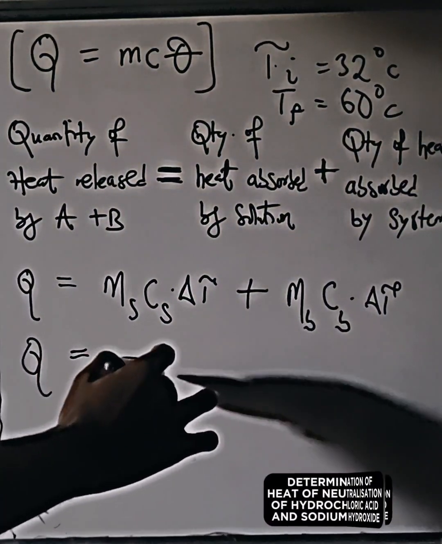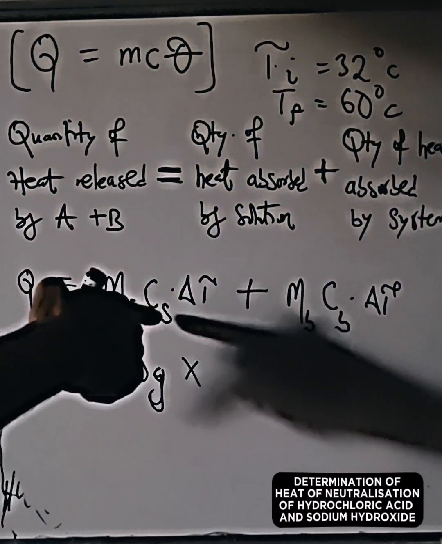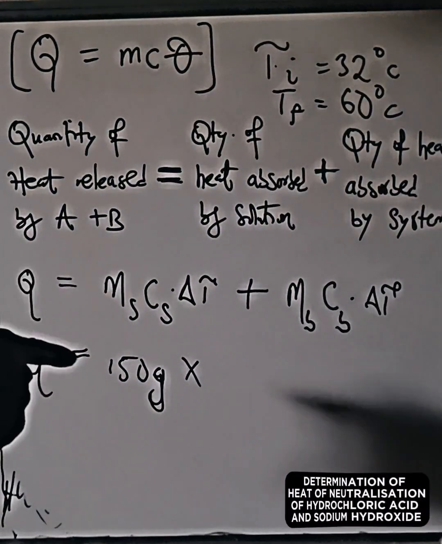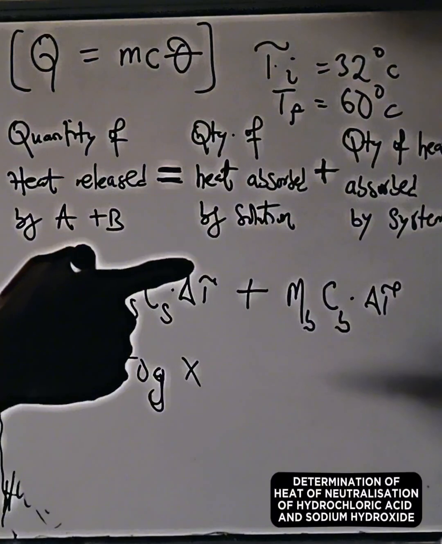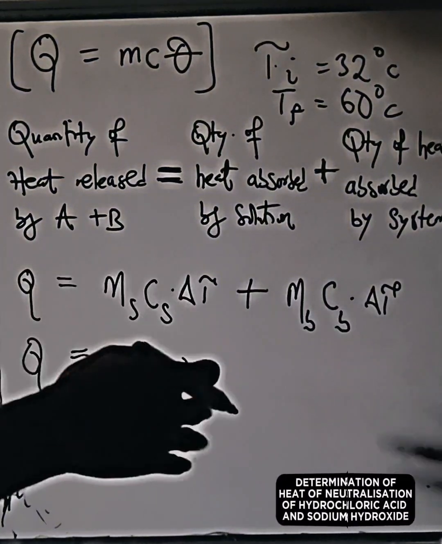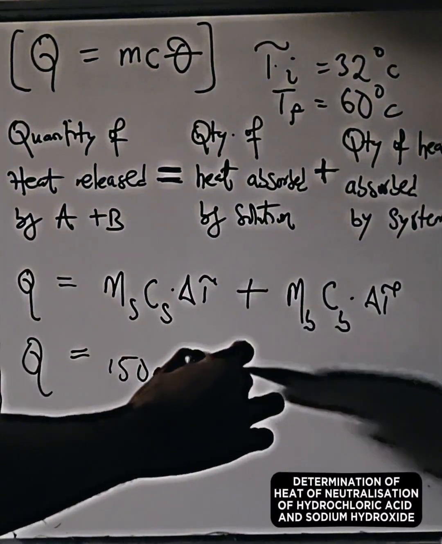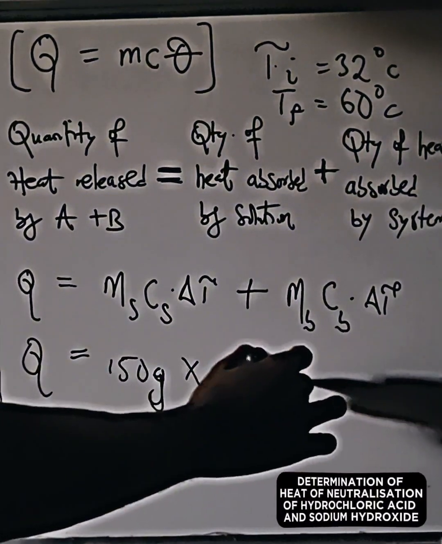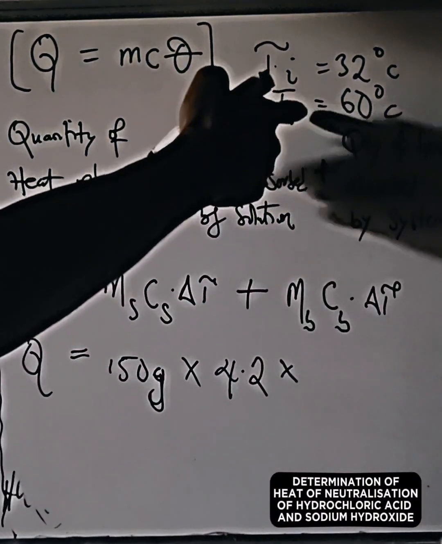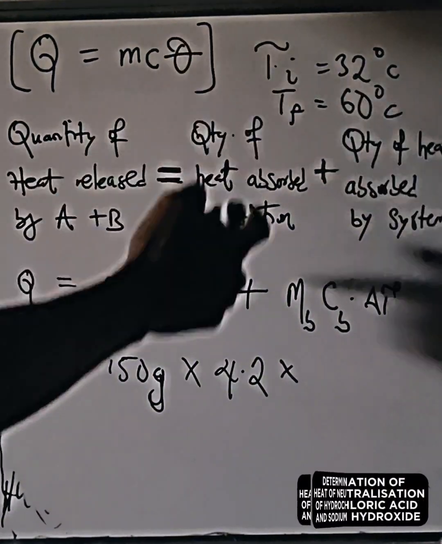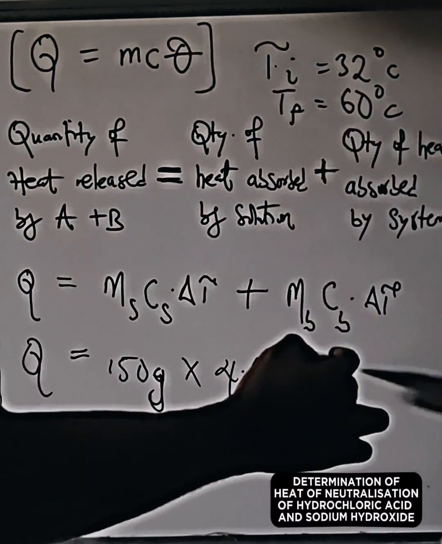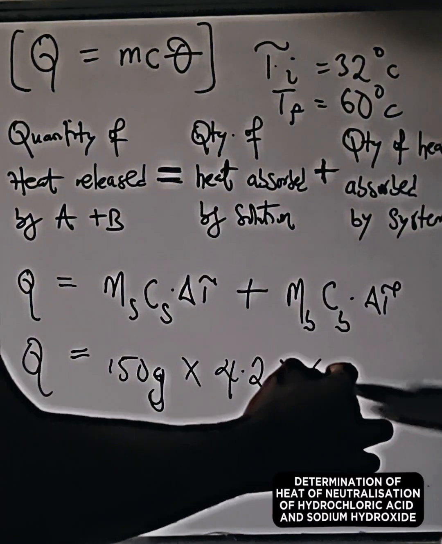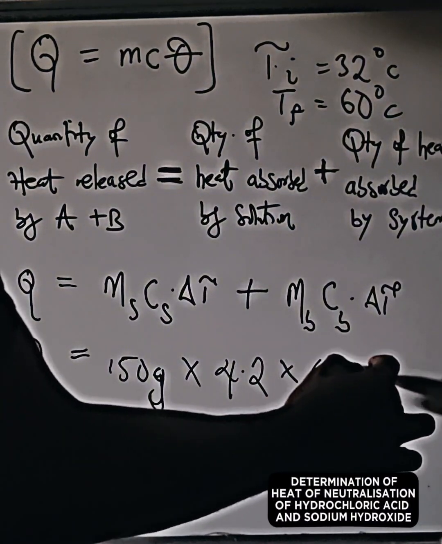Then you're going to multiply by the specific heat capacity of the solution, and in this case we are assuming it's a dilute solution and equivalent to that of water. The specific heat capacity of water is 4.2, so I'm going to multiply this by 4.2. Then the temperature change is final temperature minus initial temperature, so it's going to be 60 minus 32.